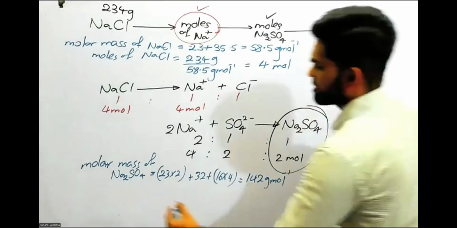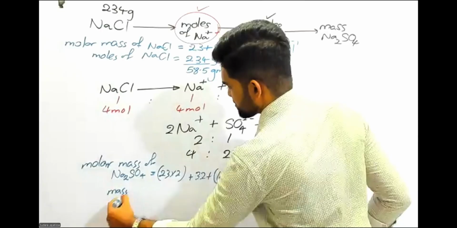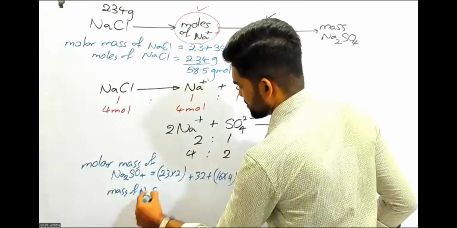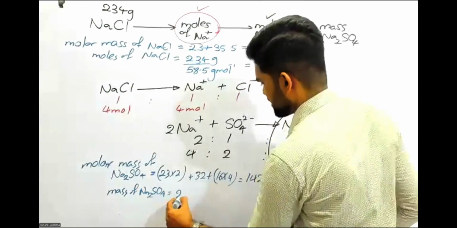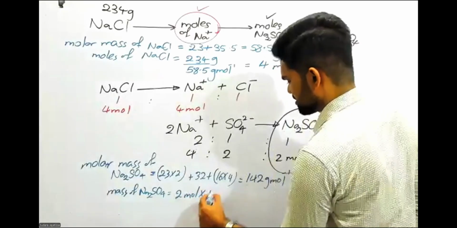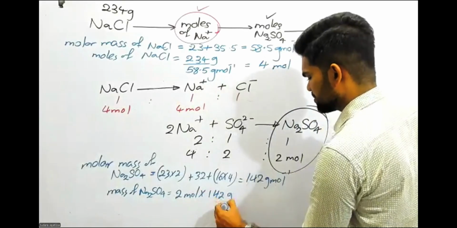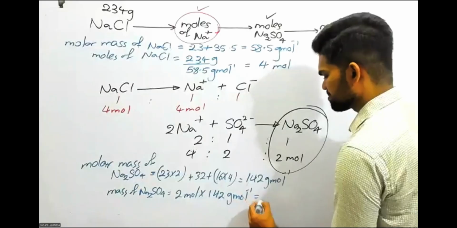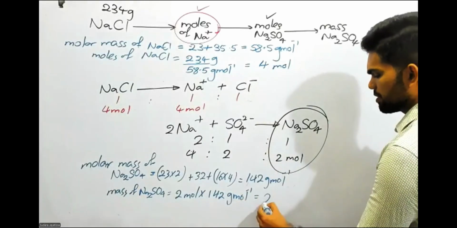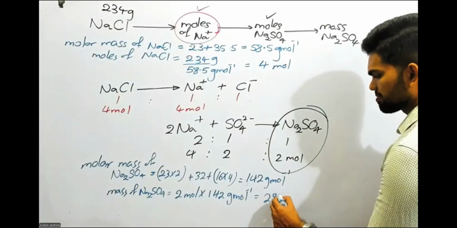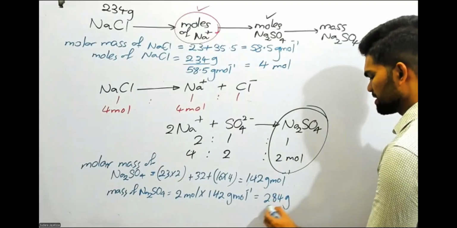Then we can find the mass of Na2SO4 by multiplying 2 moles by this 142 grams per mole molar mass. It's going to be 284 grams.